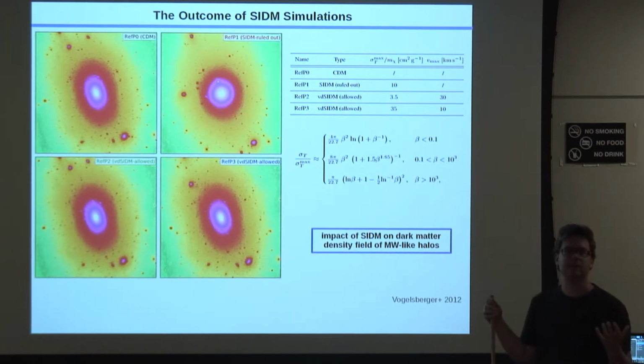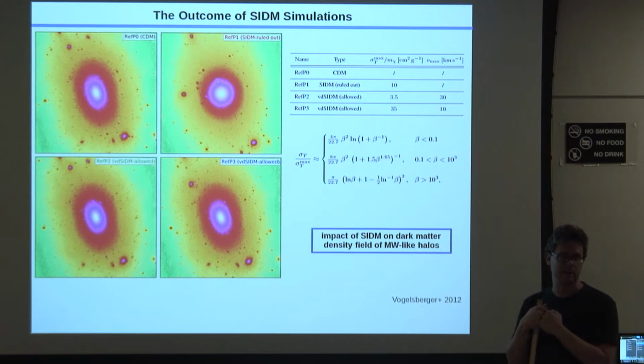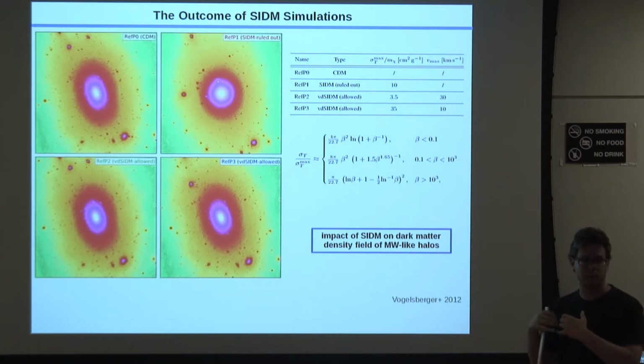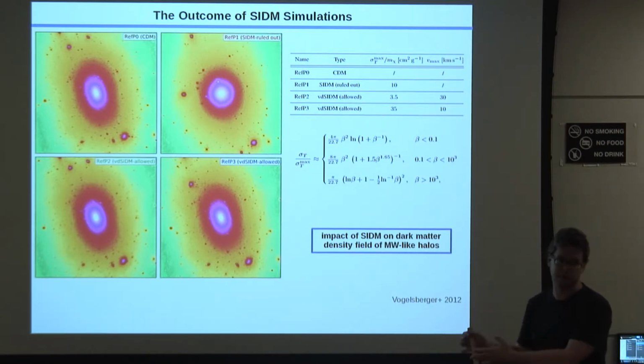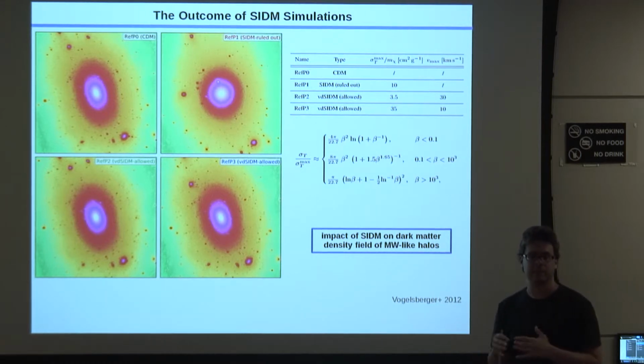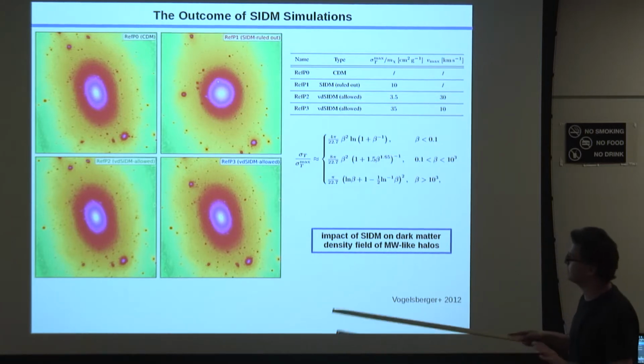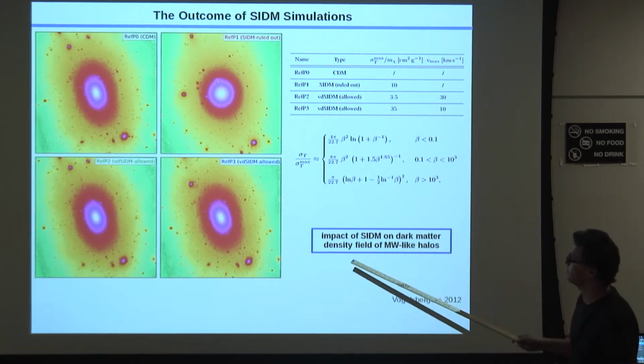The basic idea of SIDM is that the particles are not collisionless anymore, but they can interact with each other with a certain cross-section. So this whole idea that we had yesterday of avoiding scatterings, you do the opposite now, because you say there is some interaction going on between the dark matter particles. And this interaction, whatever that is and however that works, it doesn't matter for these simulations.